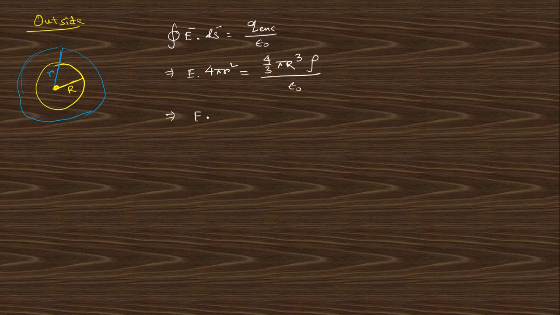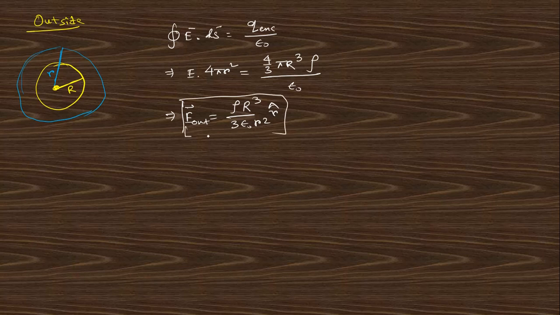So you will get E equals, 4 pi cancels out, rho R cubed by 3 epsilon naught r squared, right? And there is an r cap in vector form, and this is the E out. Clear?